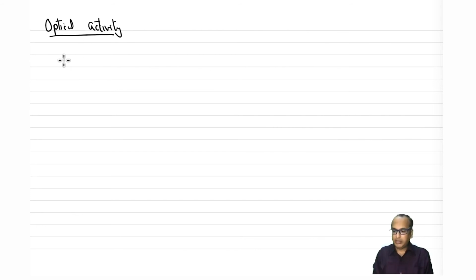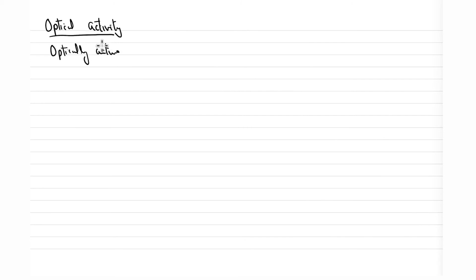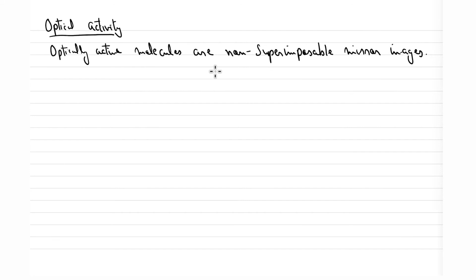So what is optical activity? Optically active molecules are non-superimposable mirror images, right? So if you take a molecule and if you take a mirror image of that, and if you try to superimpose it, if the molecules are non-superimposable, you call it optically active.